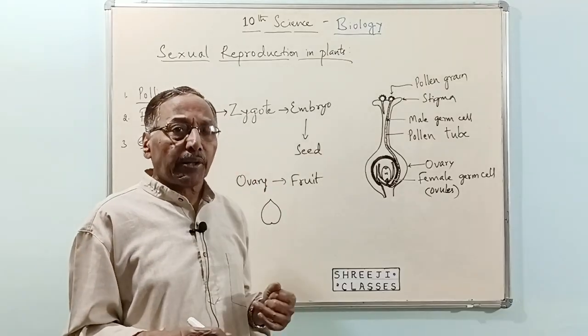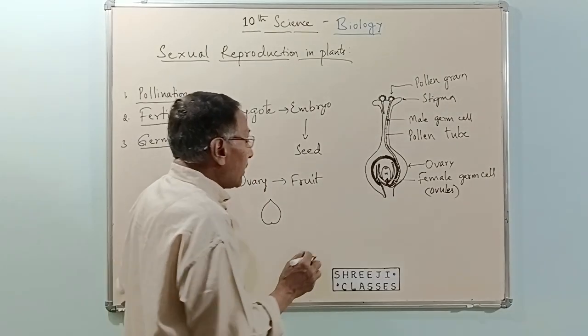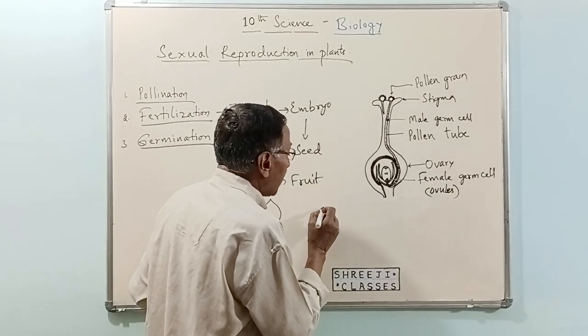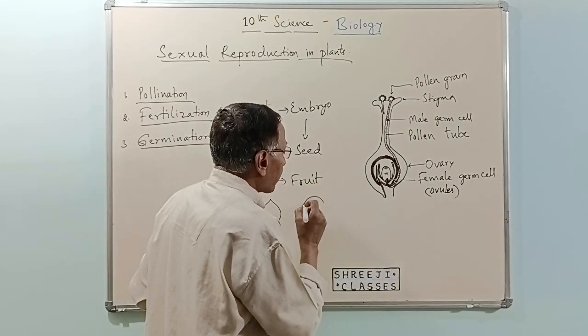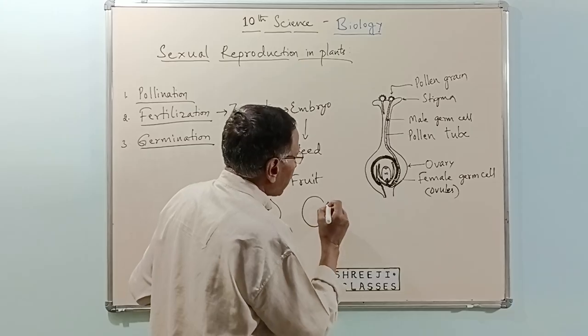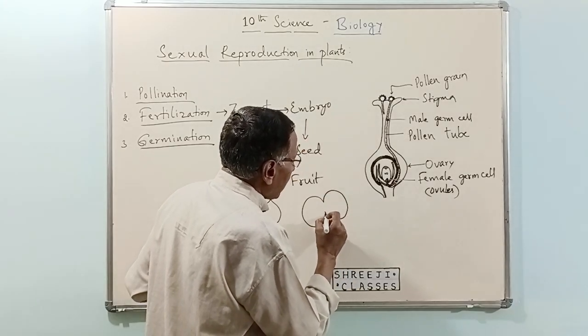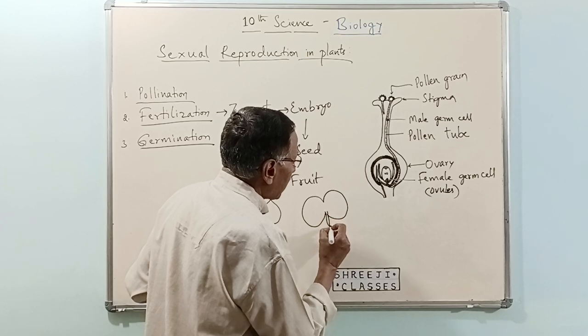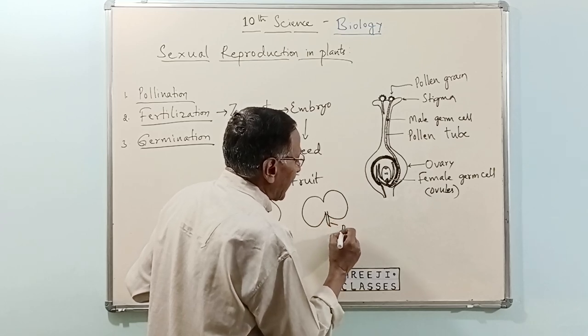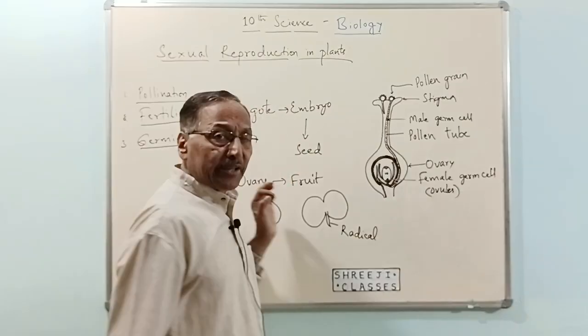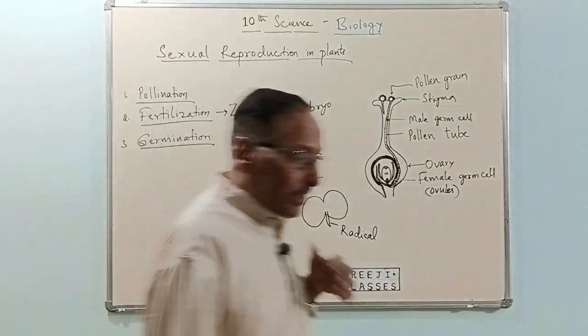After they become swollen, gradually they start developing a small whitish structure which is called the radicle.